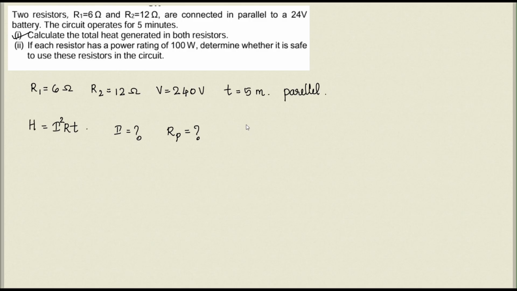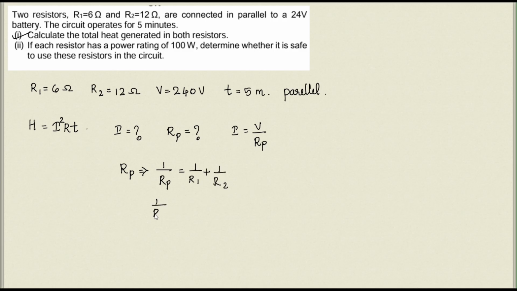In order to find the current, we need the total voltage divided by the resistance value, and that is Rp. Again, we need the resistance value. So in order to find Rp, there are only two components, so we have to write the equation for effective resistance. 1 by Rp is equal to 1 by R1 plus 1 by R2.